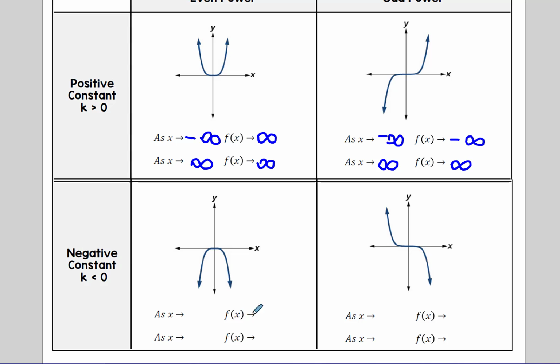For this even function, they both go down because the a value, or my constant, is negative, whether you're approaching negative or positive infinity. And in this case, it's the opposite. When we head to negative infinity, y is heading up, and when we head to positive infinity, y is heading down. So just to summarize those things you know from previous classes.